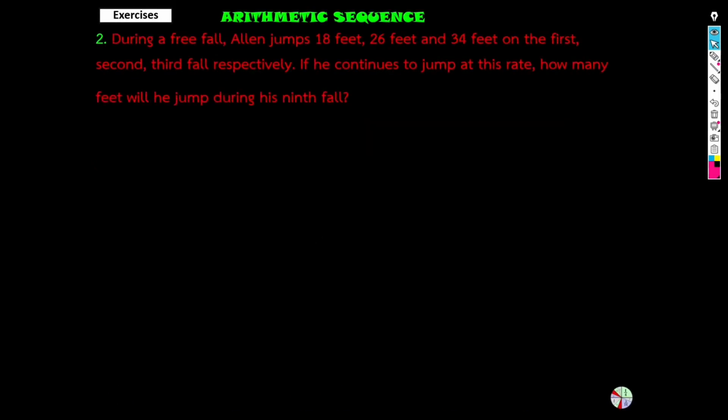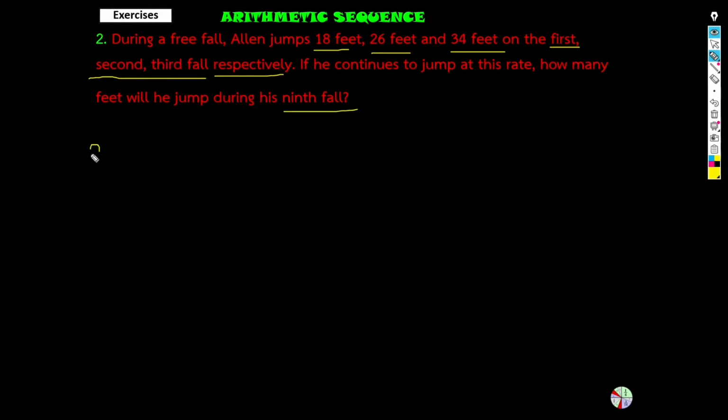During a free fall, Alan jumps 18 feet, 26 feet, 34 feet on the first, second, and third fall respectively. If he continues to jump at this rate, how many feet will he jump during his 9th fall?